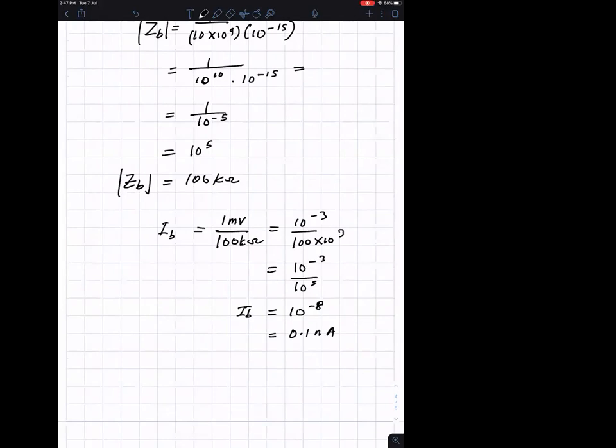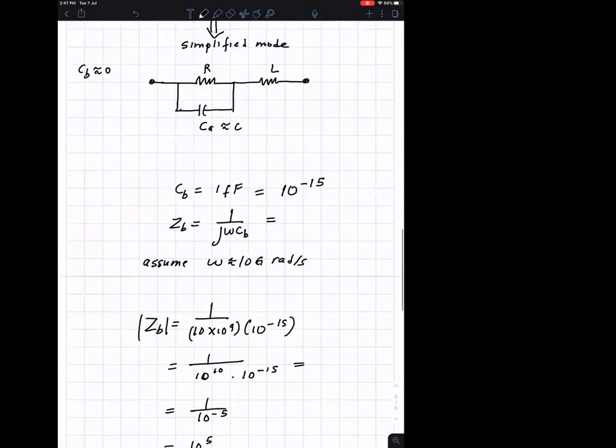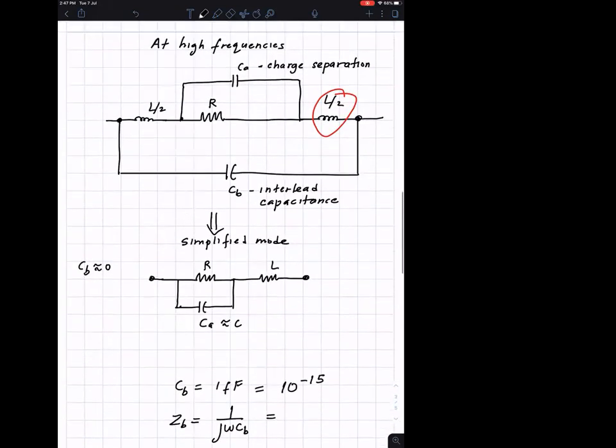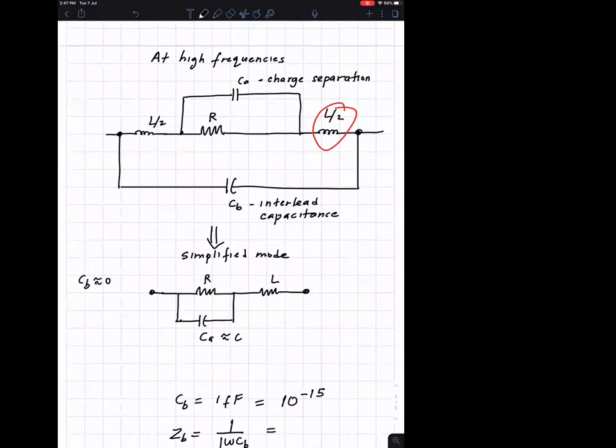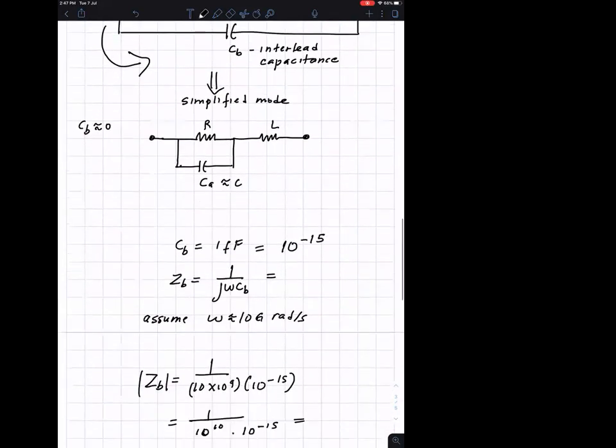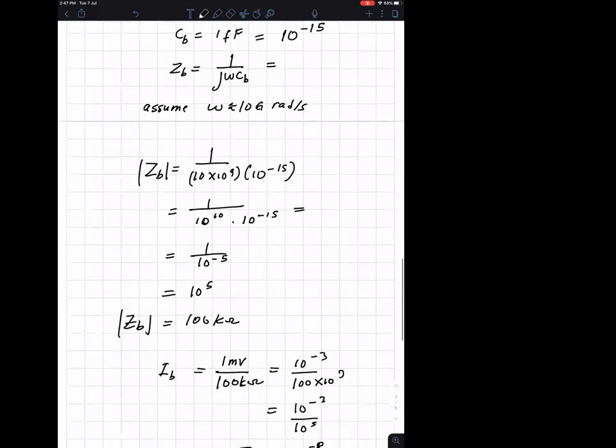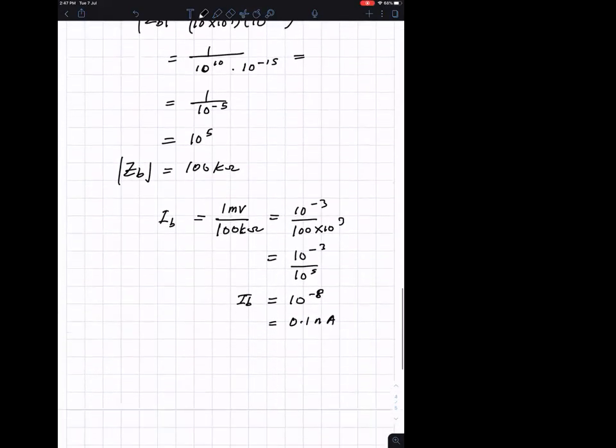So you see the current is so small. That means very little current is actually going to go through this, right or not? It's negligible. It's literally an open circuit. So that's the thing that we ignore.